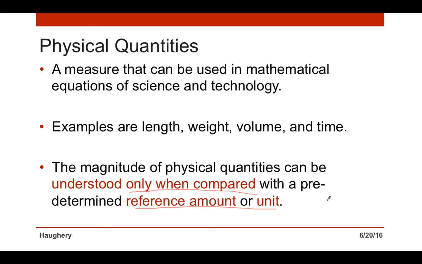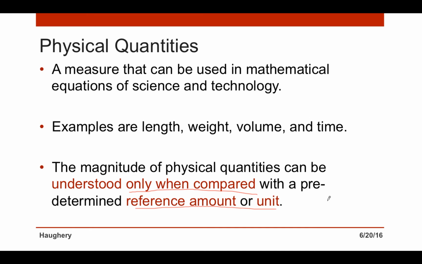So we have no idea what a pound is unless we know what a pound is. I mean, that seems really silly to say it that way, but unless we've already decided on what a pound is, we don't know how much we weigh compared to the unit of a pound. So we use units as comparisons.